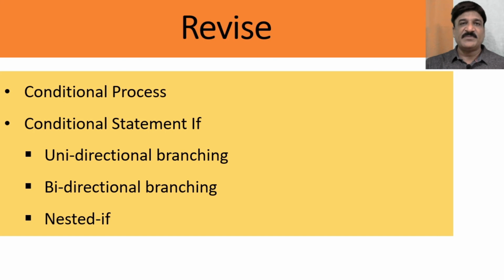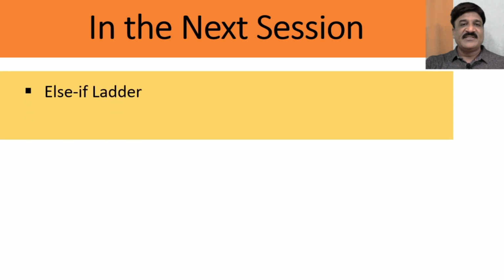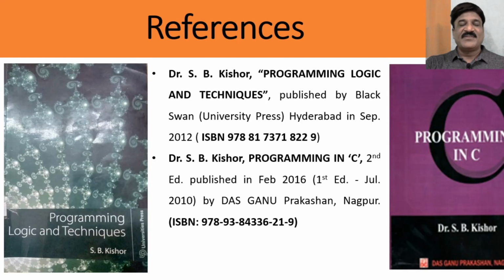So relational operator is basically useful to compare two values, while logical operators are useful to combine more than one condition. So in the next session, we will discuss the remaining part of conditional process, that is else if ladder and multi-way branching. These are the references.